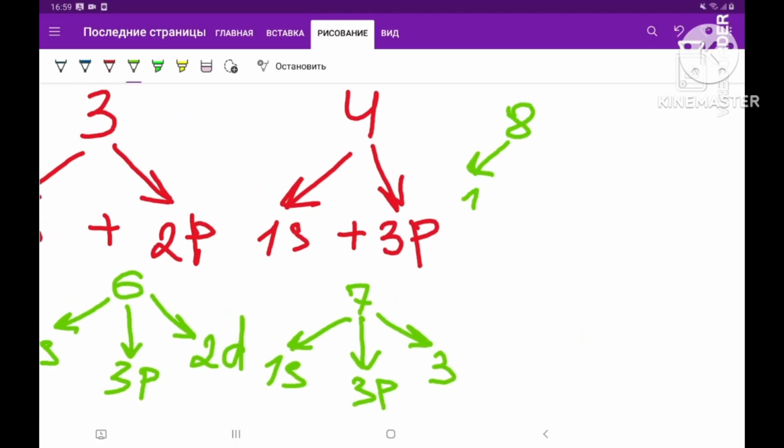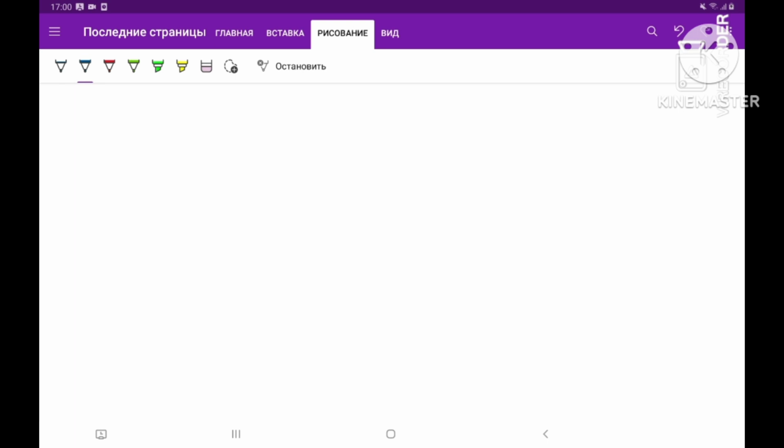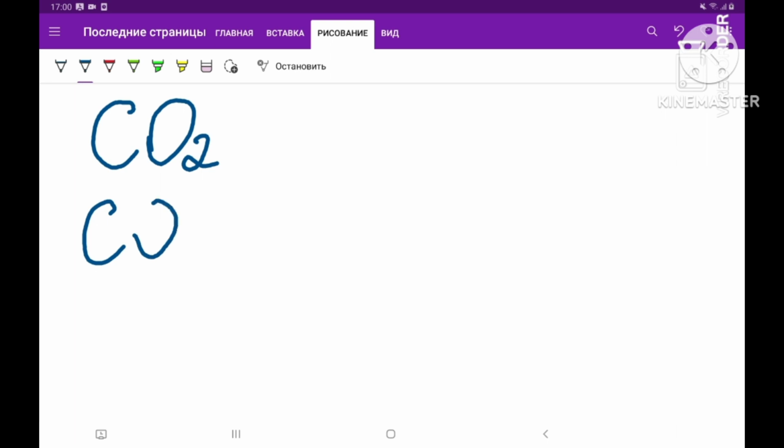If not, you may ask me your questions, you may write in comments, contact me. And now I will draw some molecules here and you try to determine the hybridization yourself. You may write your answer in comments and I will answer you. So let's say carbon dioxide, carbon monoxide, and such a big molecule.